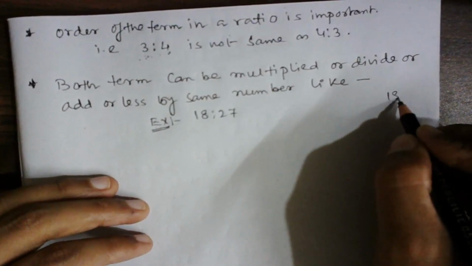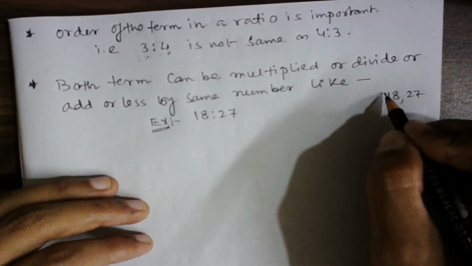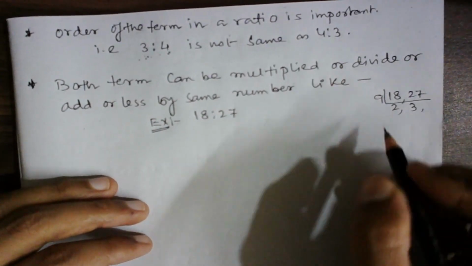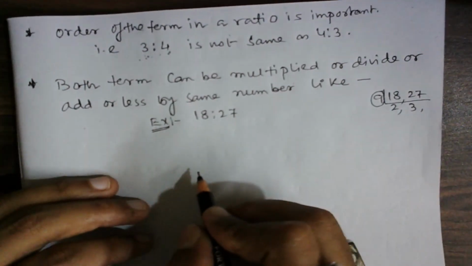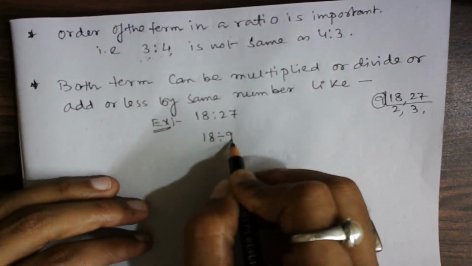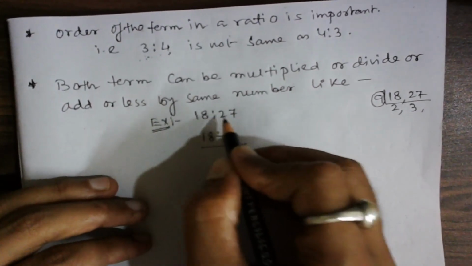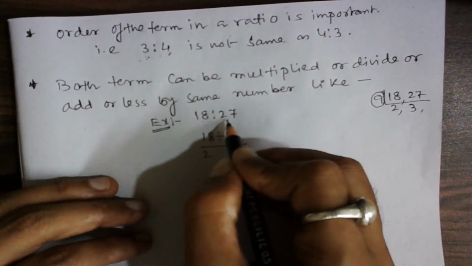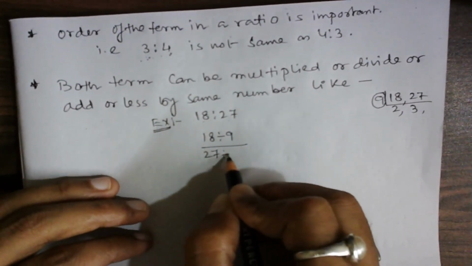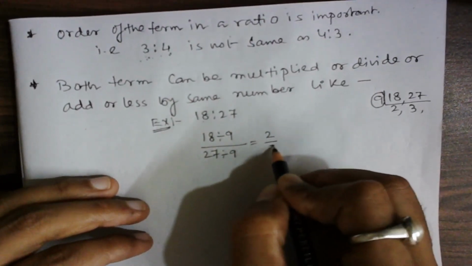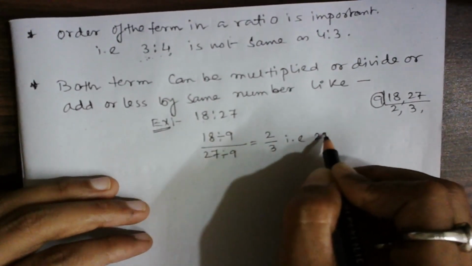If I take the HCF of 18:27, 9 times 2 is 18, 9 times 3 is 27. So 9 is a common part. If I divide both terms by 9, the ratio comes as 2/3, that is, 2:3.